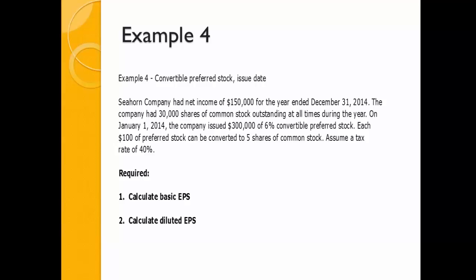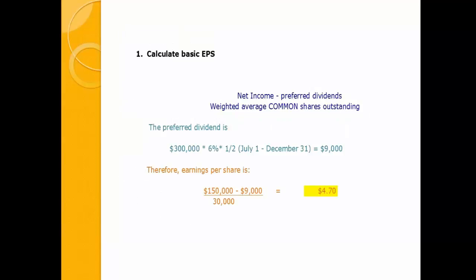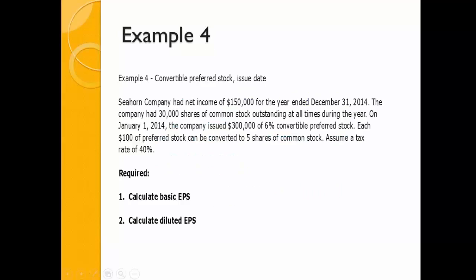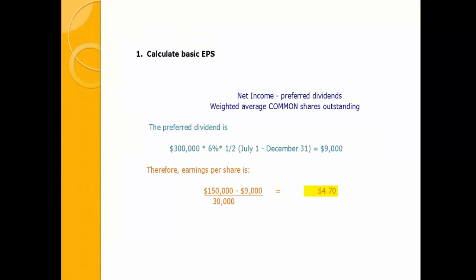So I'm going to calculate the basic earnings per share and the diluted earnings per share, and this looks a lot like the problem we just had. In this case, each $100 of preferred stock can be converted into 5 shares of common stock. Assume a tax rate of 40%.